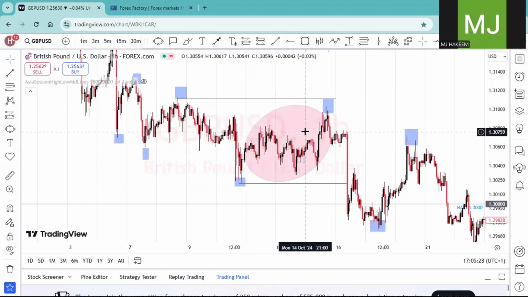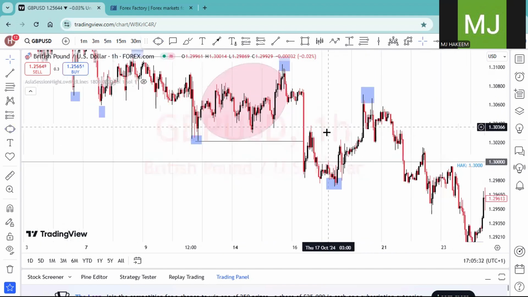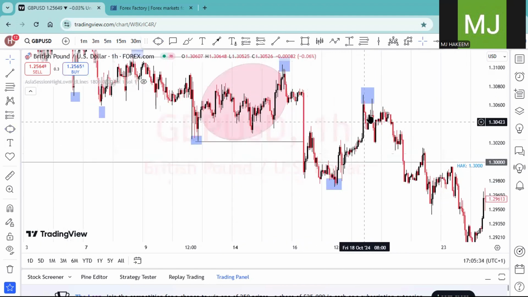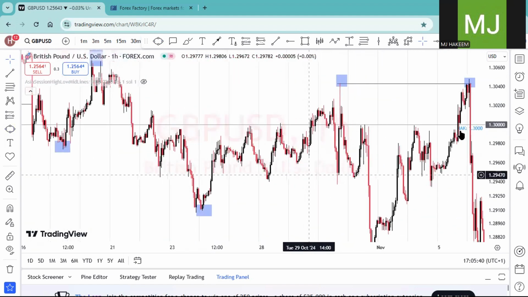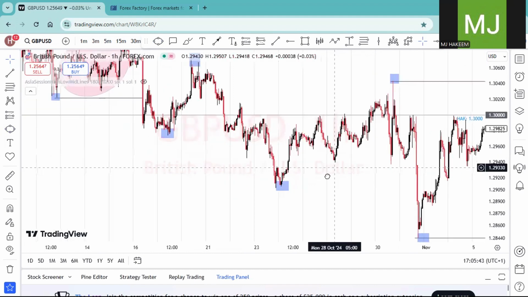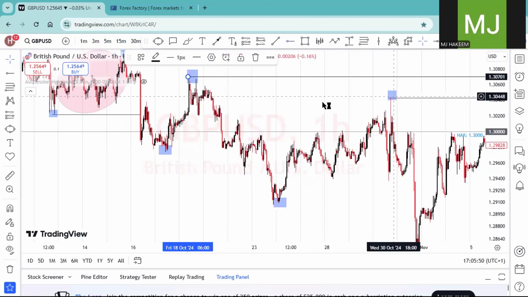Internal structure. Okay, now correction, impulse. The same thing, I can also trade this internal structure all the way to this level, right? So the same thing over and over and over. If you also look at here, for the sake of this example, this is the last high that was formed before this high, right?